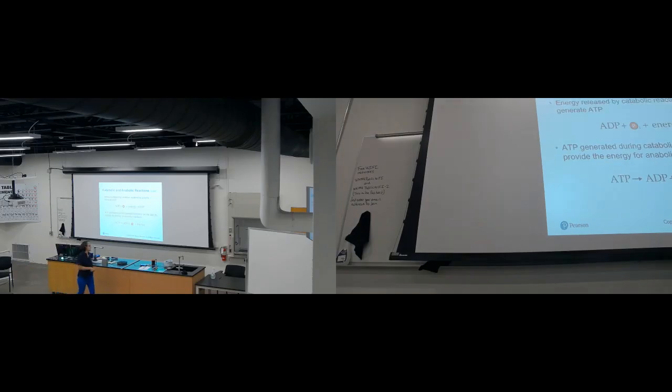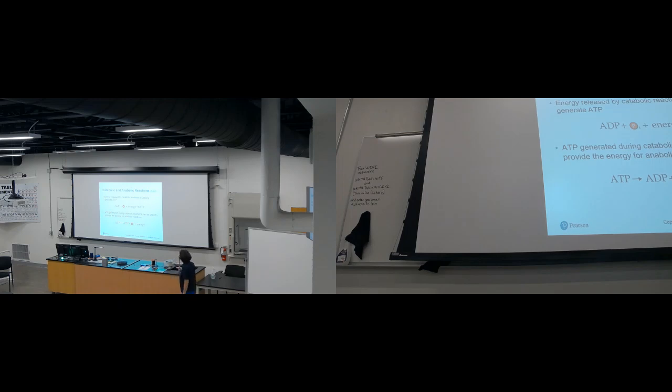So here is an example of the formation of ATP and the breakdown of ATP. ATP, or adenosine triphosphate, is formed when you have adenosine diphosphate, and then you add inorganic phosphate plus energy, and you form ATP.